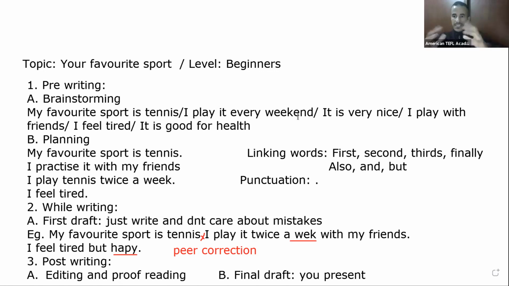They have to organize them. This is the pre-writing. And before starting the first draft, they need what? They need to know what linking words to use. So here we have third, not thirds. It's a mistake here. Okay. And then the punctuation. After that, you can ask them to correct each other. Okay, in this session, I want you to focus only on two types of mistakes: punctuation and capitalization.